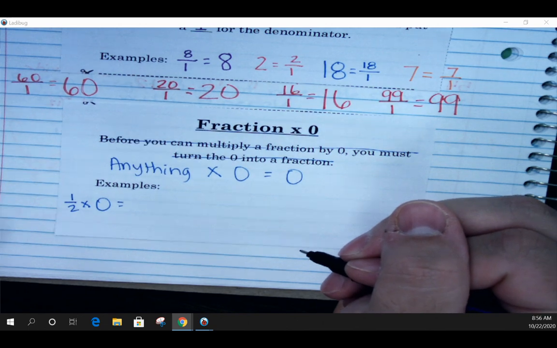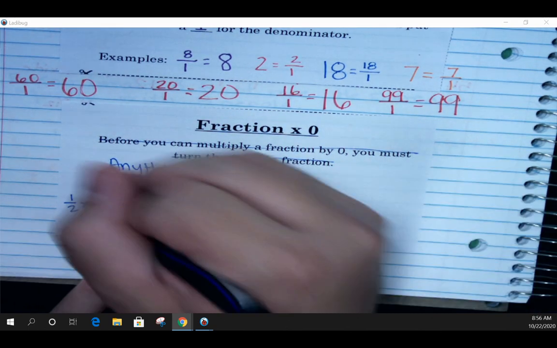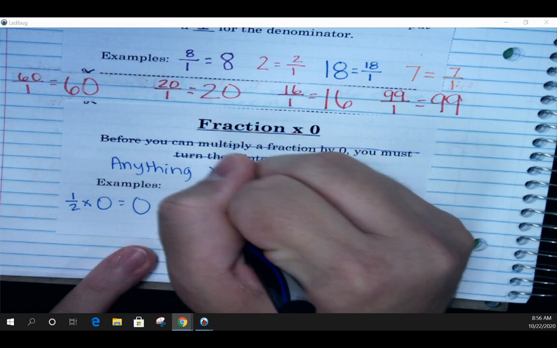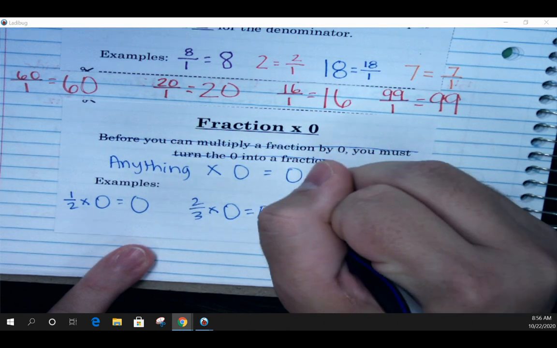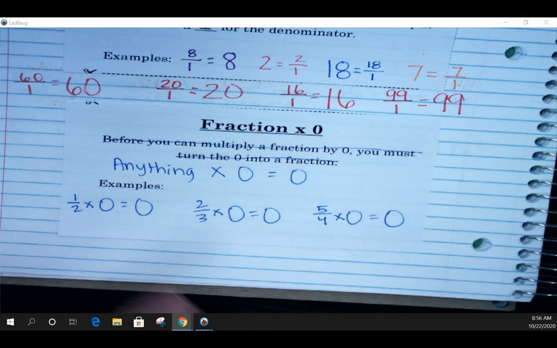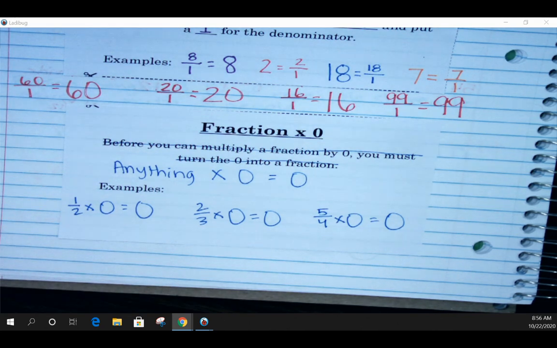What's 1/2 times 0? 2/3 times 0. 5/4 times 0. That's it.